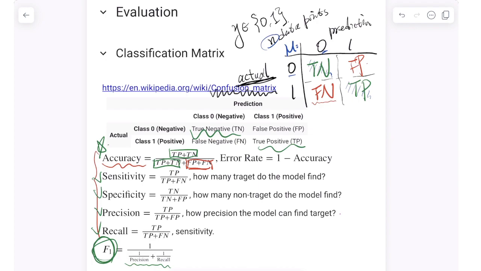Sometimes the best model, which has better accuracy, does not necessarily have the largest MSE or the highest width, because these two equations are different, right?